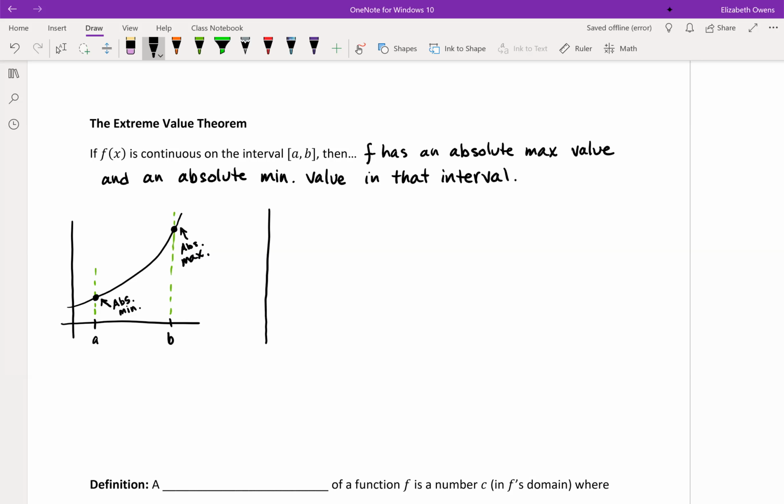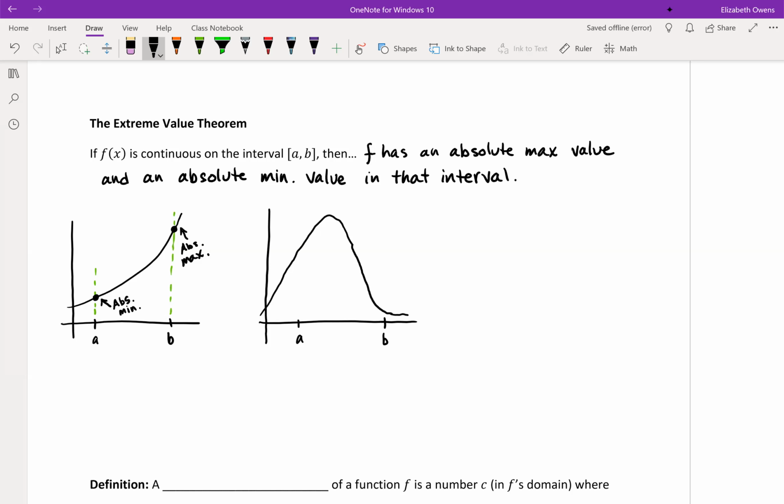For our next scenario, let's set it up again, same type of way. Got an interval from A to B, and let's make the function a little more interesting this time. Let's say it does something like this. Let me make that a little more pronounced. Okay. Maybe something like that.